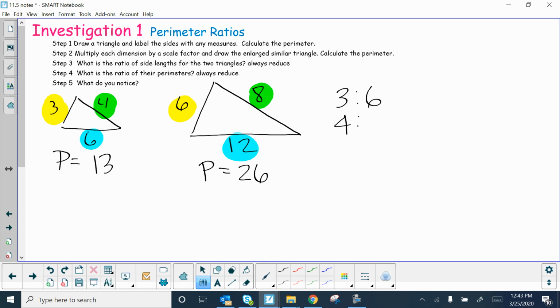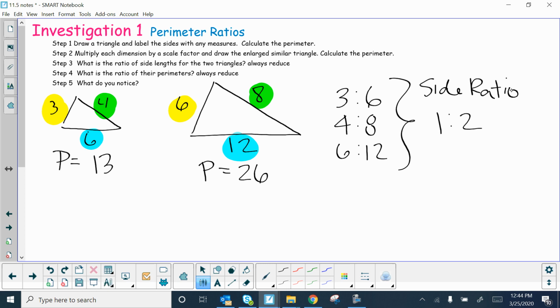Then we also have 4 to 8, and we also have 6 to 12. All of those sides reduce to 1 to 2. So the ratio of the sides is 1 to 2.